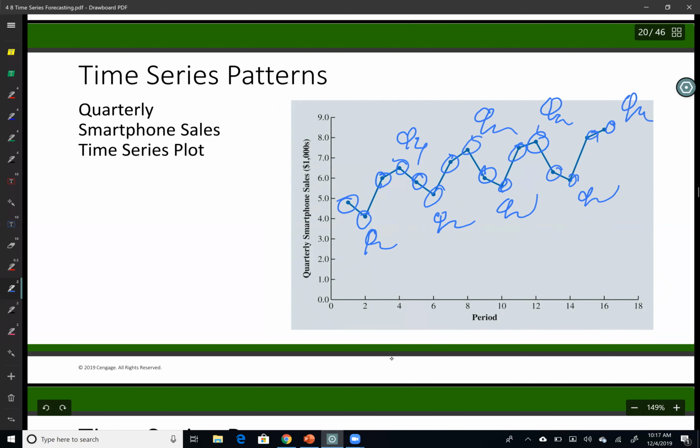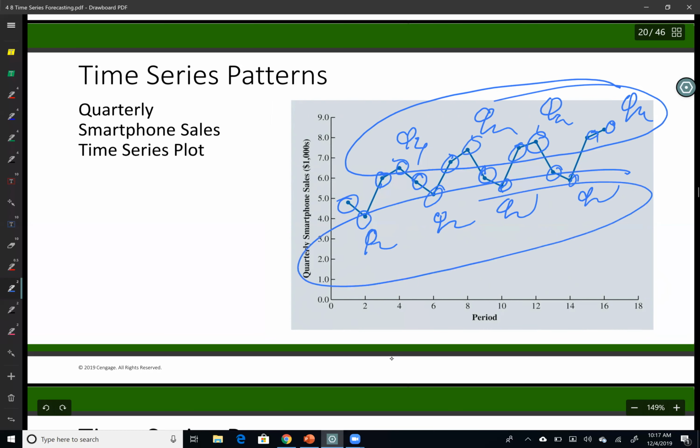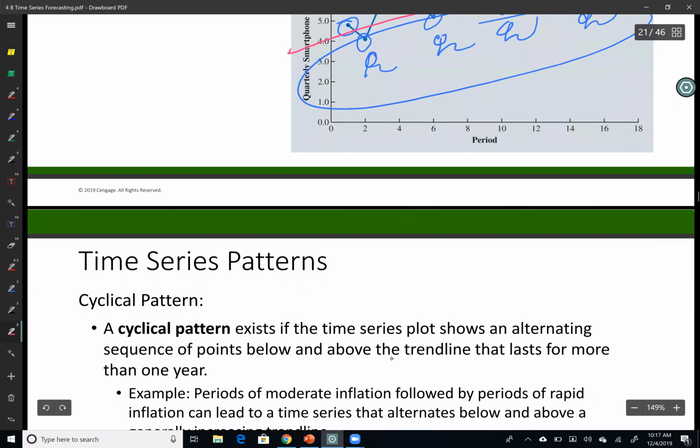As you see here, again, you see a seasonal pattern. Quarter four sales are greater and quarter two sales are the lowest. However, this time we observe that there is an upward trend. So my sales is going higher and higher on average.